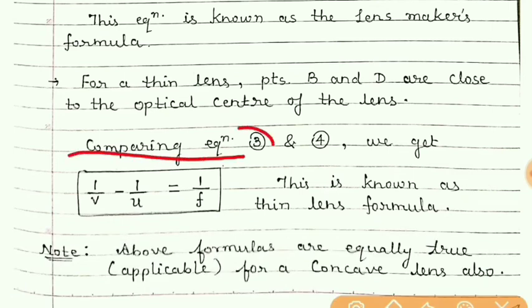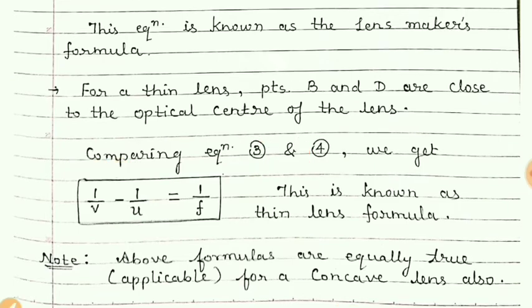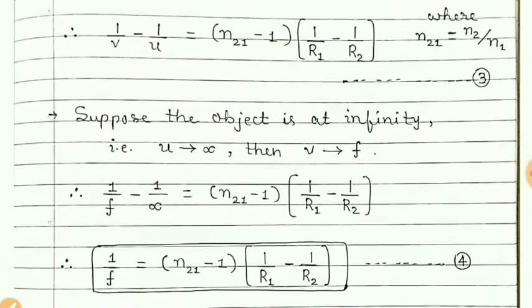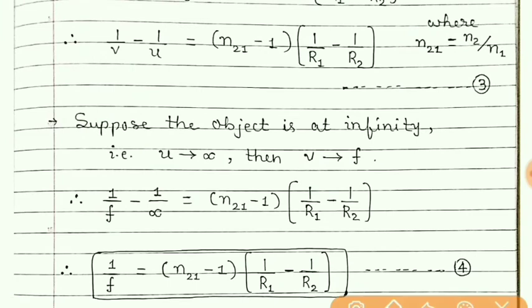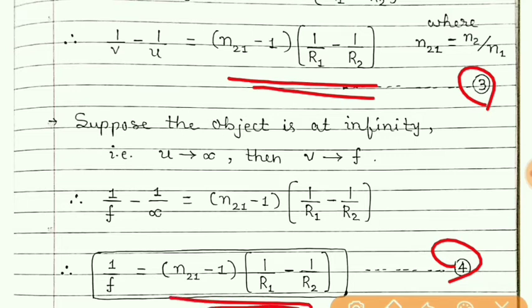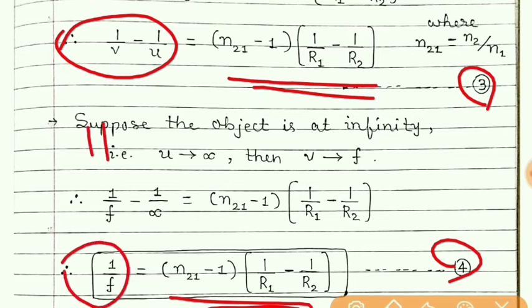And so, comparing equation 3 and 4, we get, which equation 3? This equation 3 and 4. If we compare, you can see on the right hand side these terms are the same. So on the left side these two must be equal.